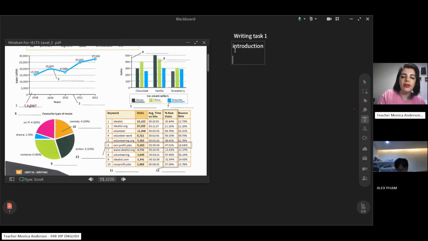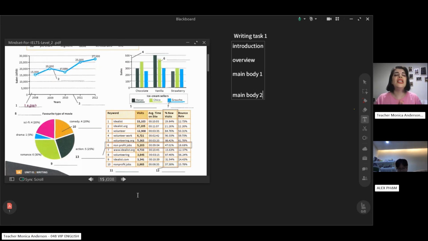The second one, overview. Main body one, main body two. So 4 paragraphs. Task one consists of 4 paragraphs.